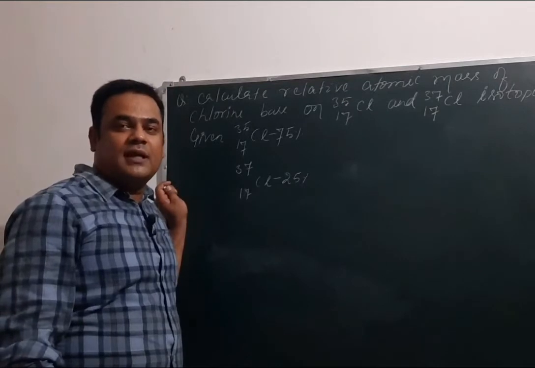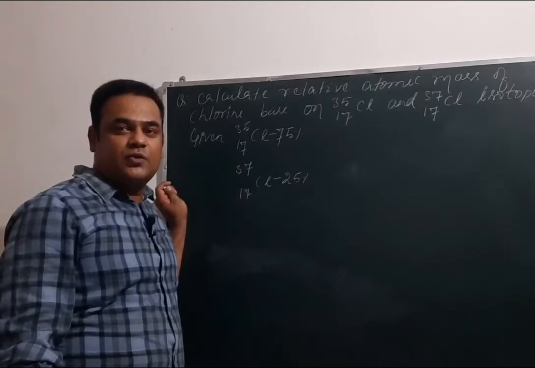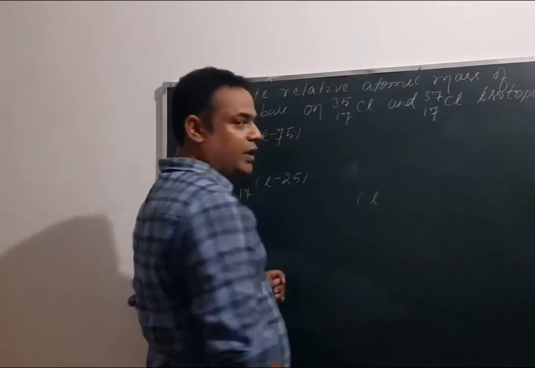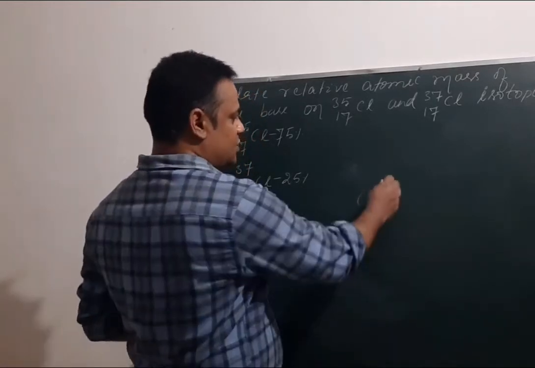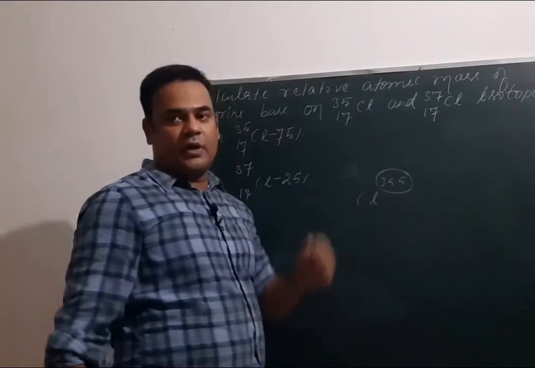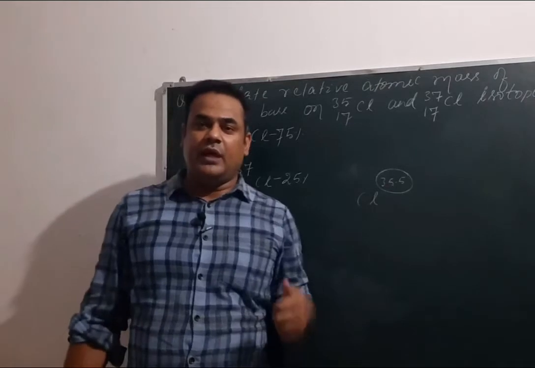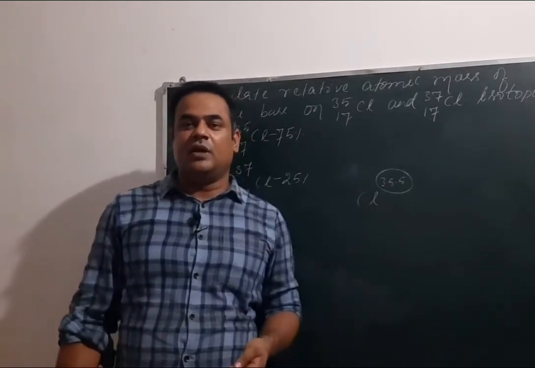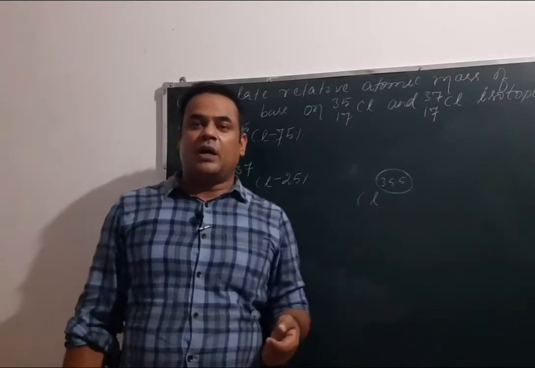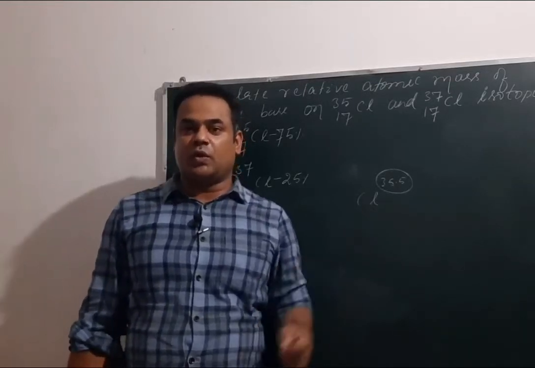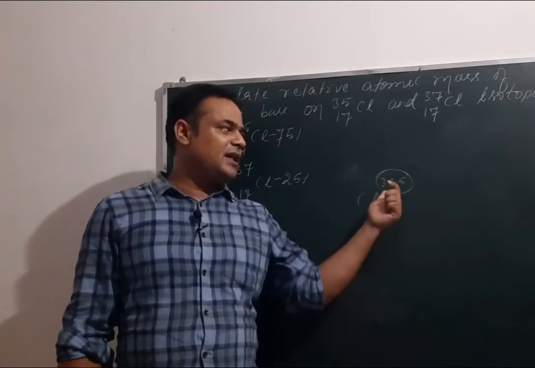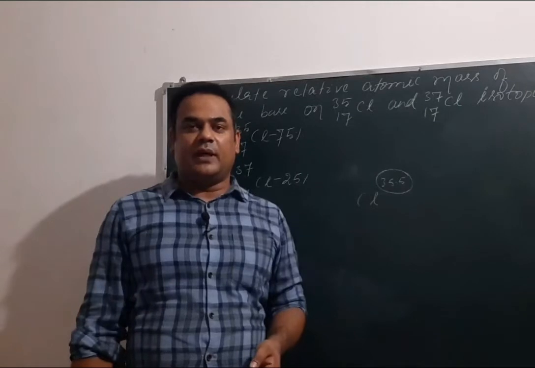In class 9th, usually a student used to ask that in the periodic table they see the atomic mass of chlorine as 35.5, and they ask where that 0.5 came from. Till that time we teach students that atomic mass equals mass of protons plus mass of neutrons, so they add the number of protons and neutrons to calculate the atomic mass.